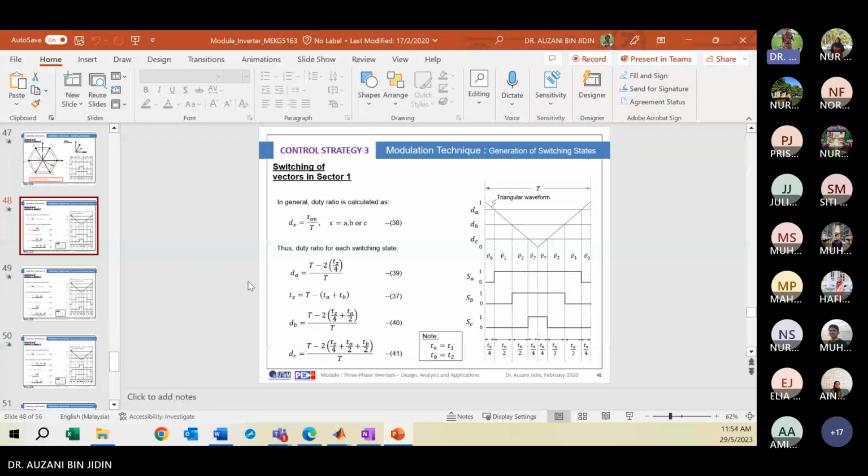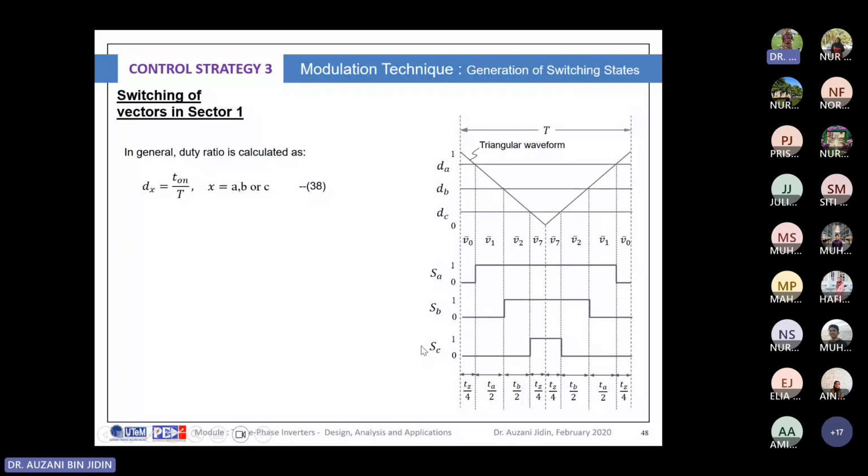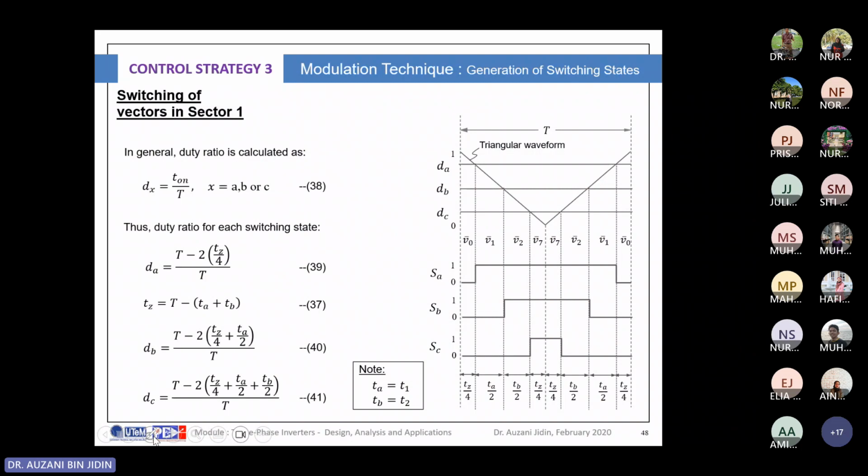Okay. Now the last step, in order to completely design the space vector modulator, you need to determine the sequence of the switching vectors for every sector. So we start from sector number 1. For sector number 1, the first vector to be selected within a switching period T starts from 0, where the state is 0, 0, 0.